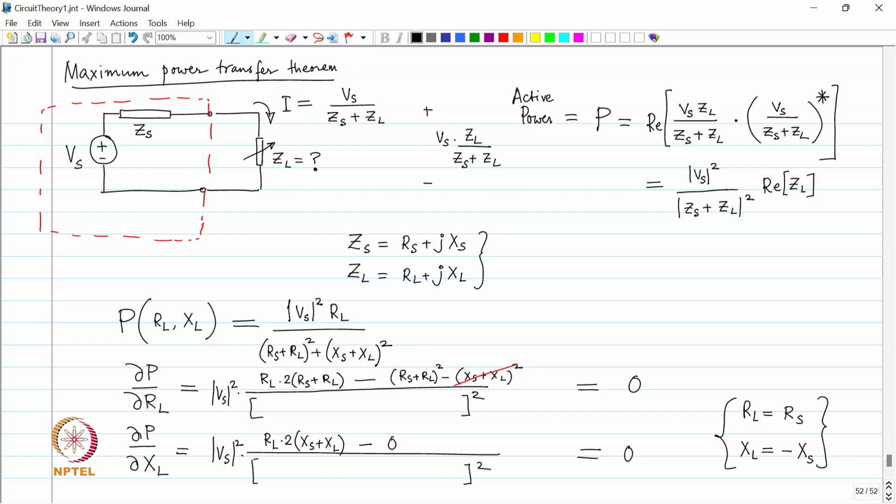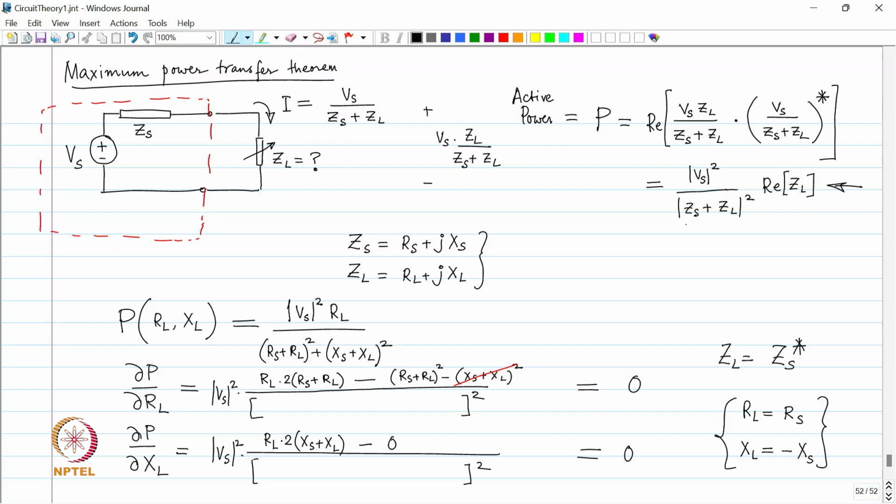which basically means that Z L is equal to complex conjugate of Z s. Fine. So, whenever Z L is the complex conjugate of Z s, I expect maximum power to be transferred out of the source. How much is that power? What is the value of that power? How much power? This much, right.